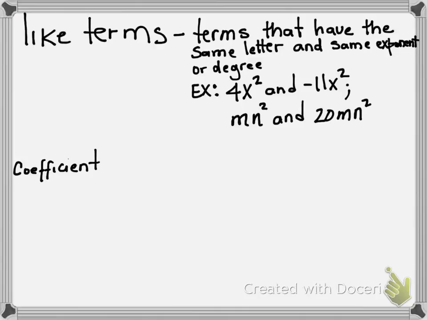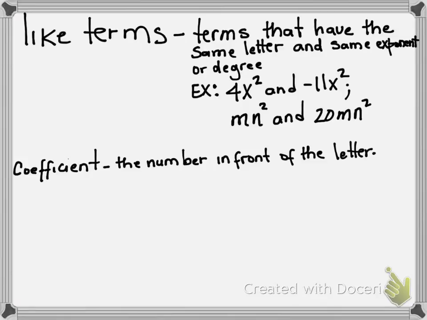Now, the numbers in front of the letters that you see are called coefficients. For example, let us see a couple of examples so you can know what the coefficients really are. 4wx has a coefficient of 4 because that's the number in front of the letter.